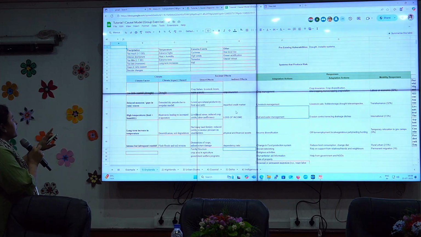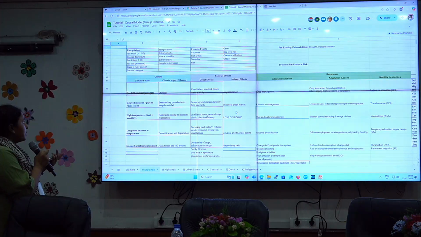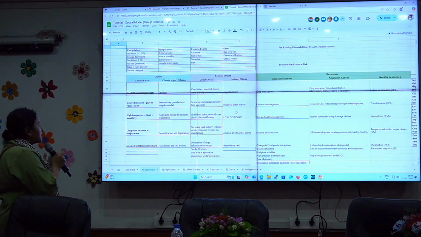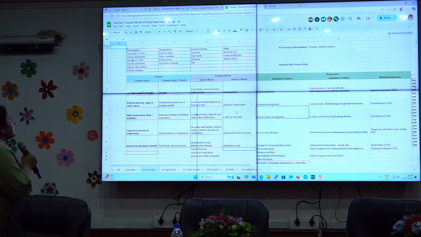And the climate impacts we noticed in the Whitaker paper were heat waves leading to increased evaporation, desertification, soil degradation, flash floods, and soil erosion.